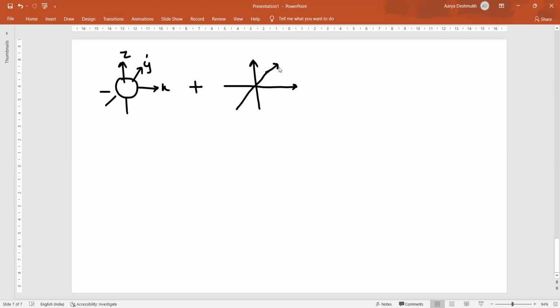Now remember, both of them belong to the carbon atom. This is px of carbon and this is 2s of carbon. This is 2px. Now they combine together to form two hybrid orbitals. So these are the sp hybrid orbitals formed.